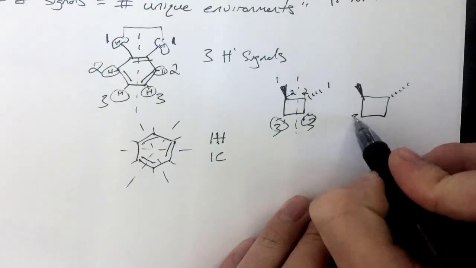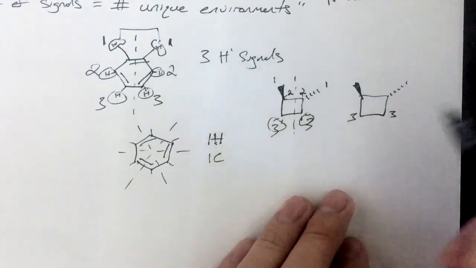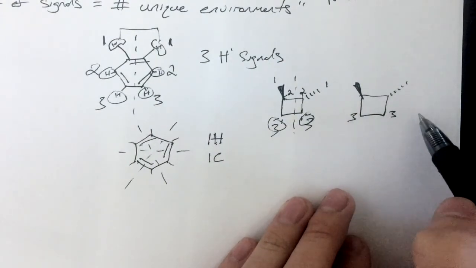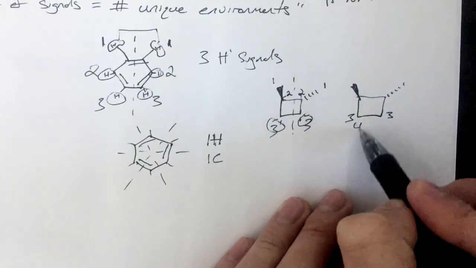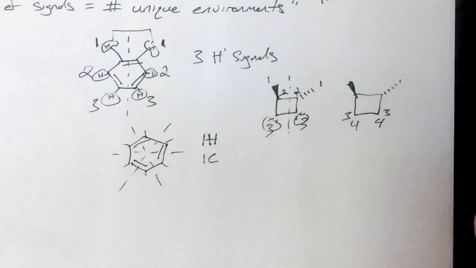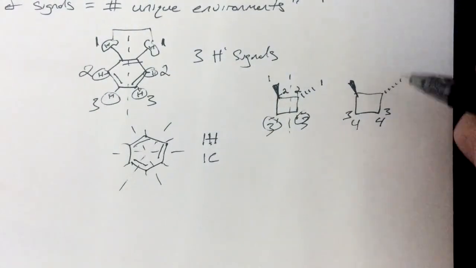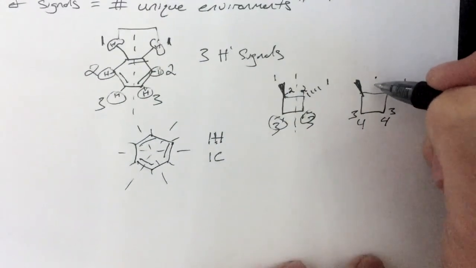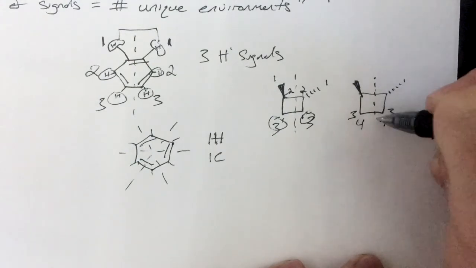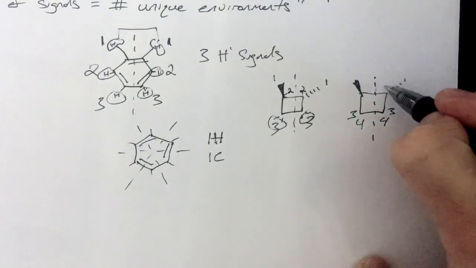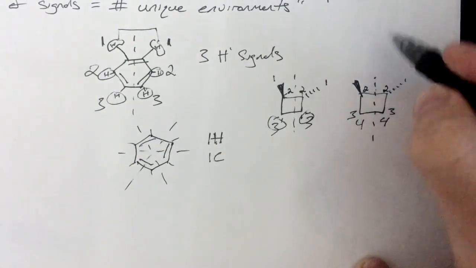So really, one of these hydrogens is equivalent to the other in relation, and the fourth hydrogen is going to be equivalent to the same one on the other side. So again, to redraw this.